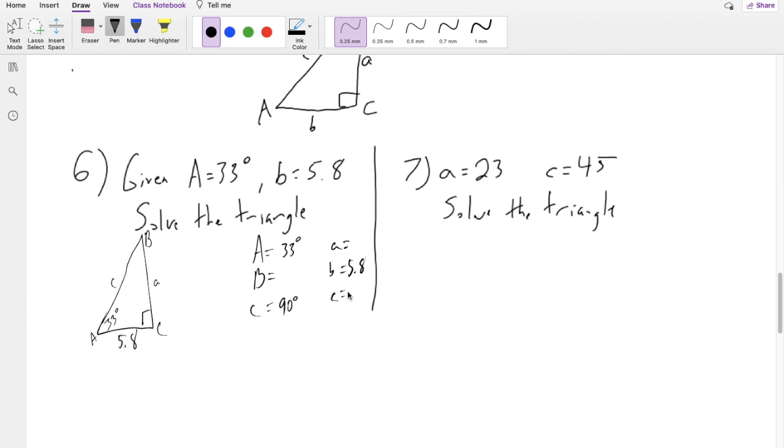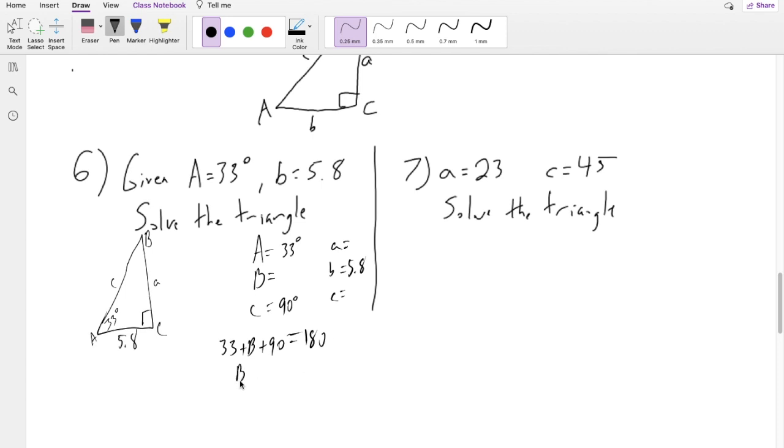To begin with, I see that we have two angles already. So finding the third angle will be simple using the fact that the interior angles of a triangle add up to 180 degrees. So I can say 33 plus B plus 90 equals 180.